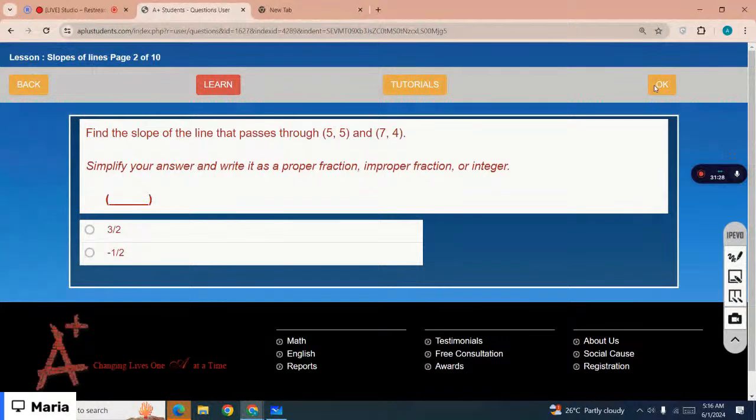Find the slope of the line that passes through 5, 5 and 7, 4. So which is the correct option?